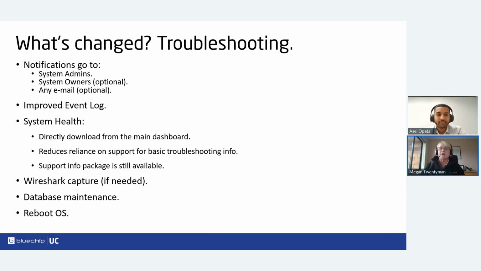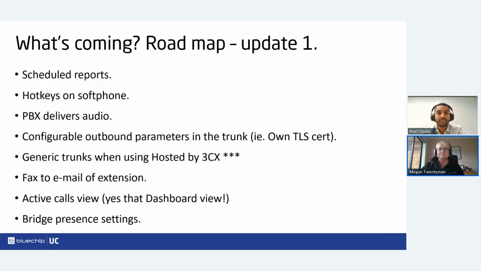The support info package is still available, but you shouldn't need it as much as you may have in the past, although in the more recent editions we haven't needed a lot of that. Wireshark, if it's needed, it's still there. Database maintenance is important, and being able to reboot the OS is really important as well. So it's a lot of stuff coming through to just make system admins' lives that much easier.